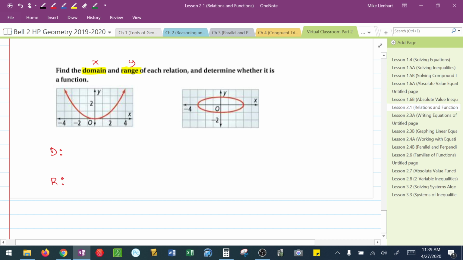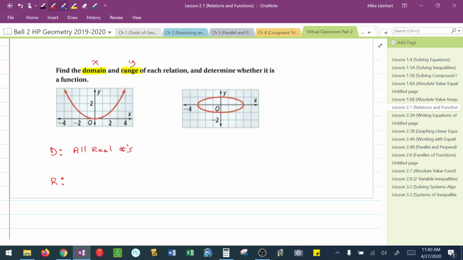That means that it keeps on going out further and further to the left as this graph goes on. So what I know by that is it doesn't have a left boundary. What about on the right side? The right side, it's going to keep going further and further up and right. So the right tells me it doesn't have a boundary for that side as well. So we would say that the domain of this is all real numbers.